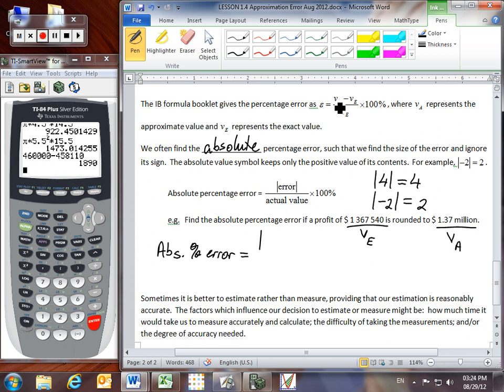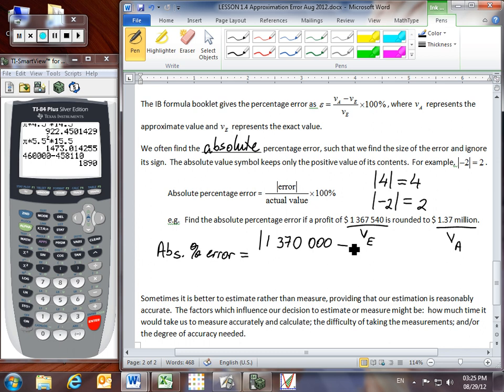So our approximate value, 1.37 million. Now then, I'm going to write that out as a regular number. There's my 1 million. And then there's my 0.37 of a million. So hope you can see this, that I've got 1.37 million, just a little bit over 1 million.